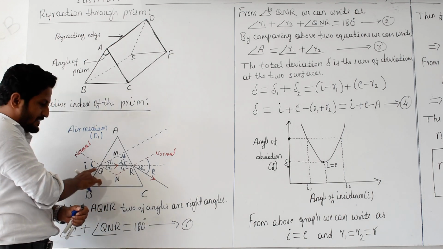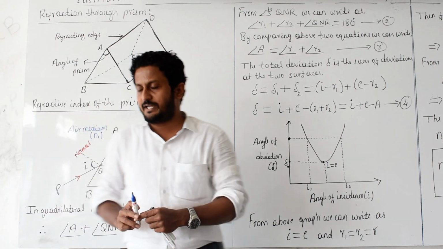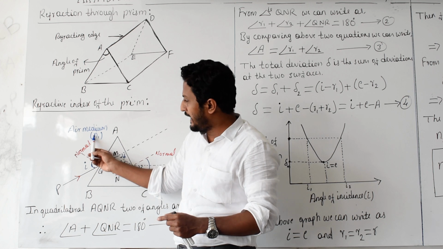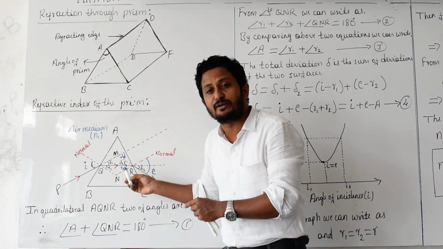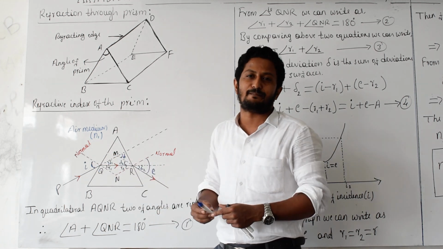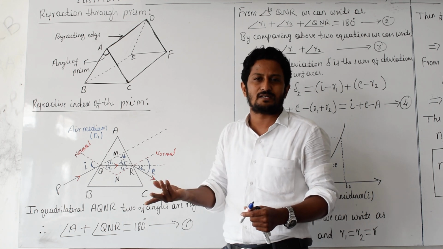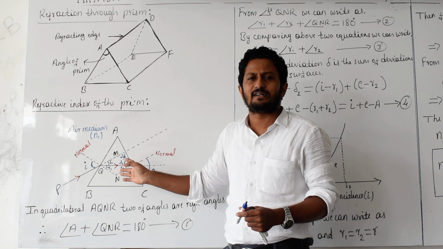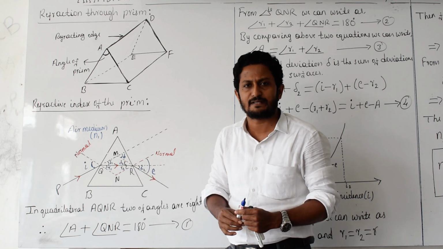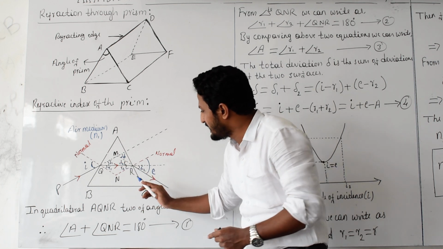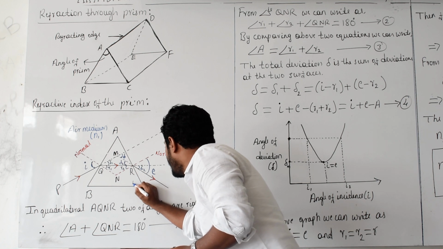This PQ light is coming from the air medium and entering into that prism medium. That prism may be made of glass or quartz material. Now think it is made of glass. I mean, this is N2. I am going to name it as N2.